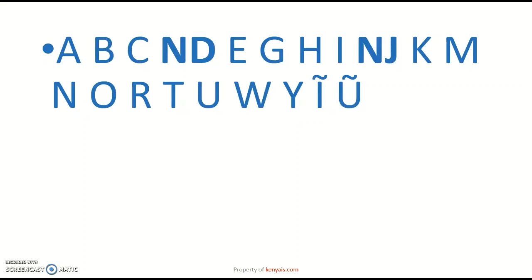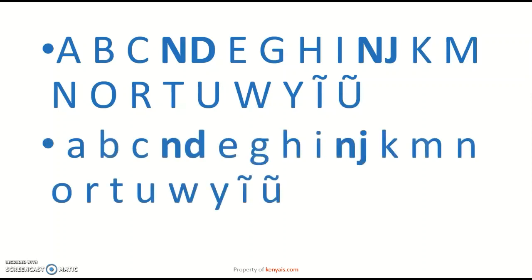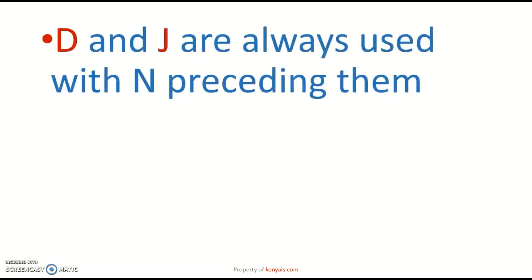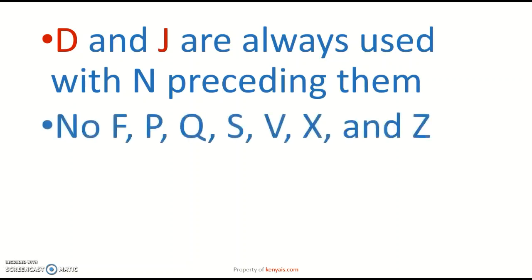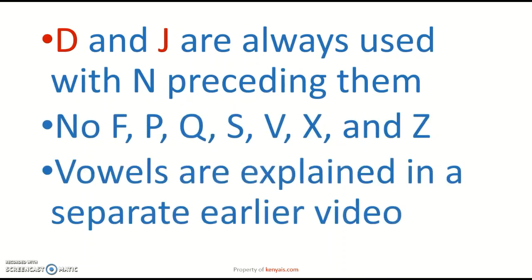Then last time we looked at the alphabet, and that is it right there. And then we also said that it was important for us to note the two letters D and J, which will always have an N before them. And we learned that there is no F, P, Q, S, V, X, and Z in the Kikuyu alphabet.